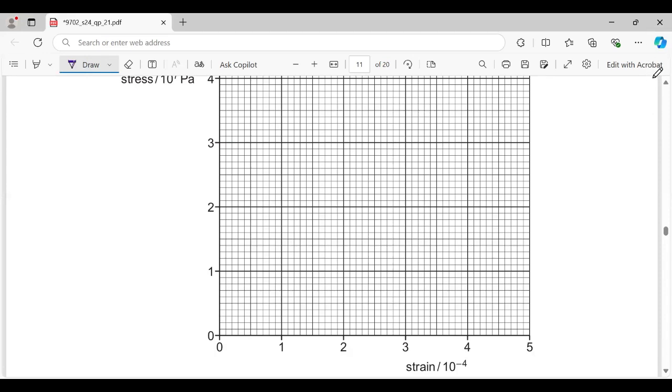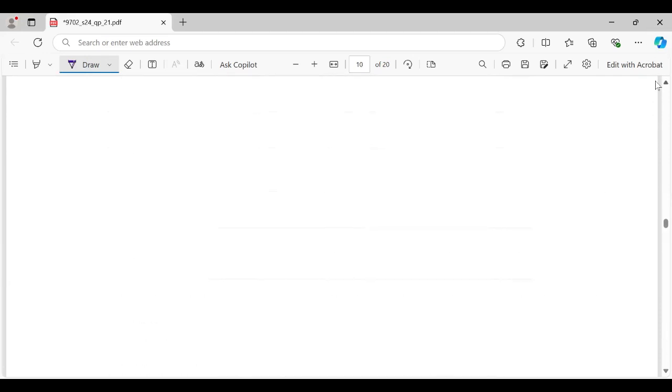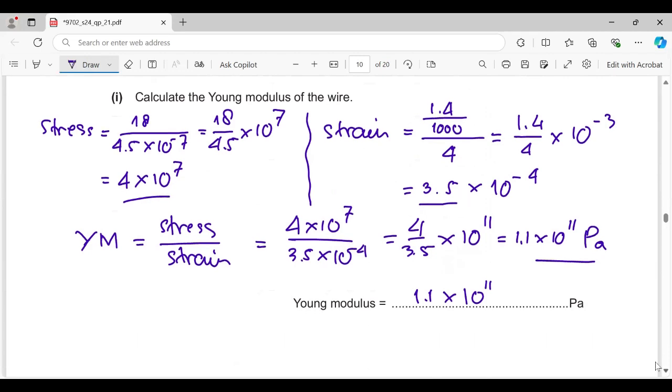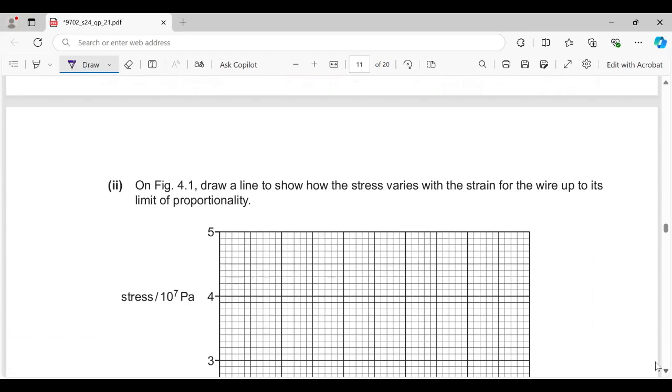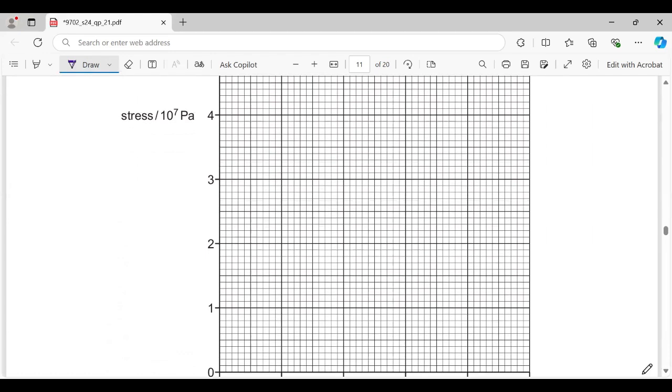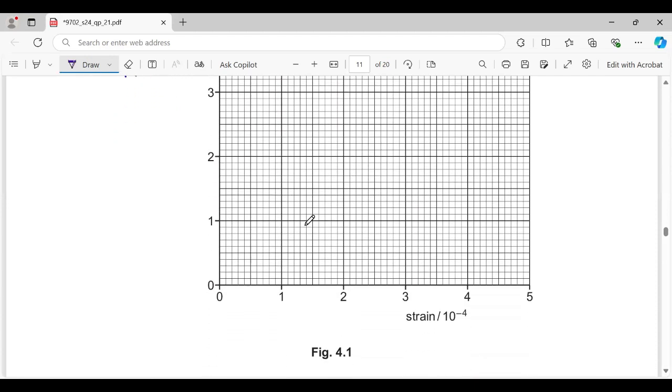So stress is 4 times 10 power 7, while strain is 3.5 times 10 power minus 4.